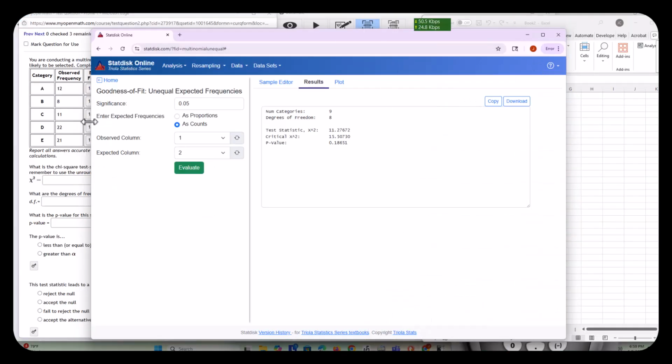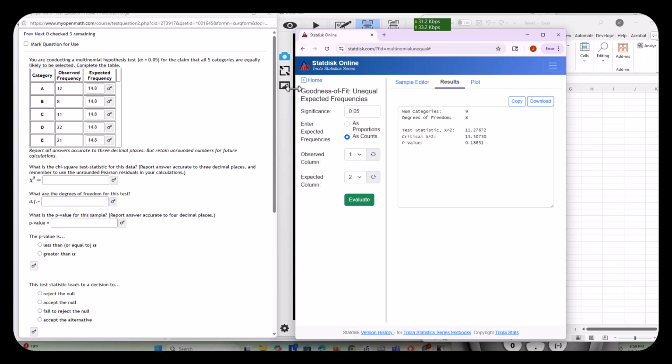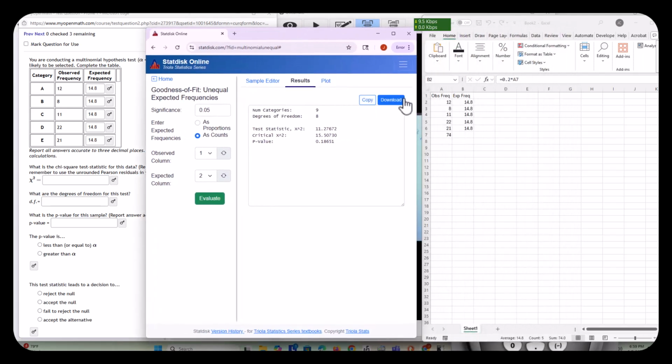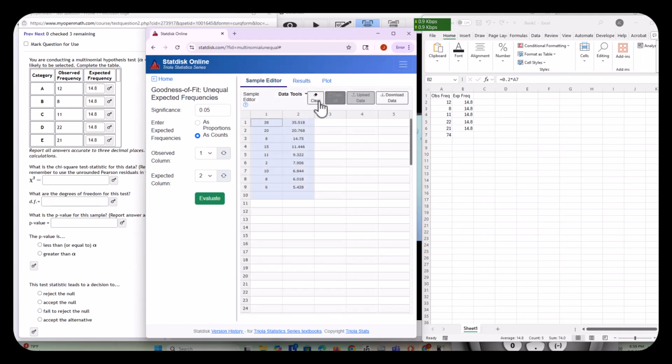Okay. We got StatDisk telling us what to do. Let's go here and we're going to do sample editor and we're going to clear it. Copy, Control V. Okay, got them in there.